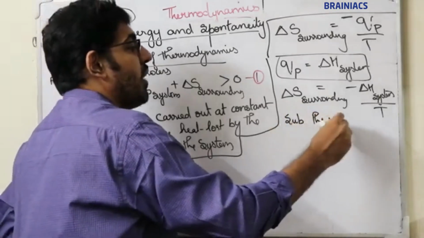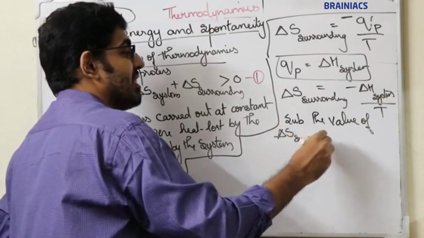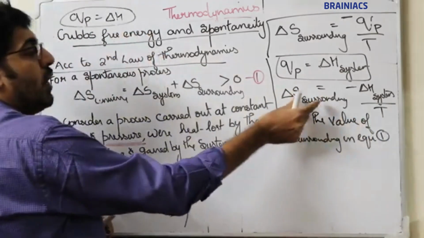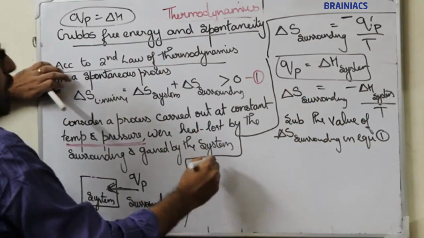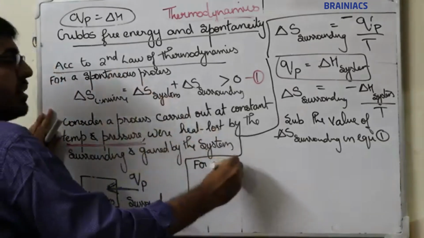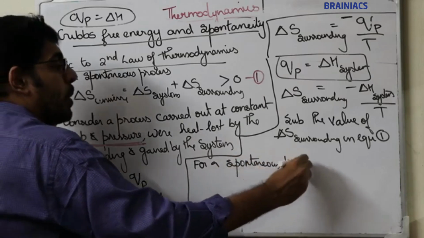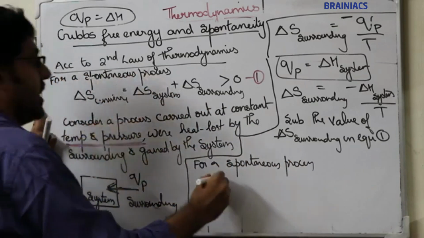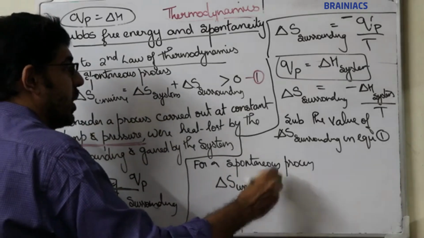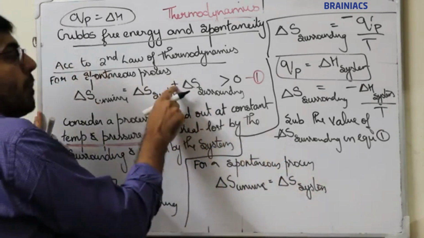So I'm going to substitute the value of delta S surrounding in this equation. So the equation will become, for a spontaneous process, delta S universe is equal to delta S system plus delta S surrounding.